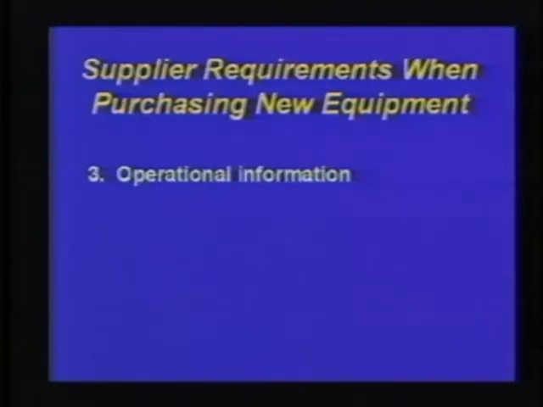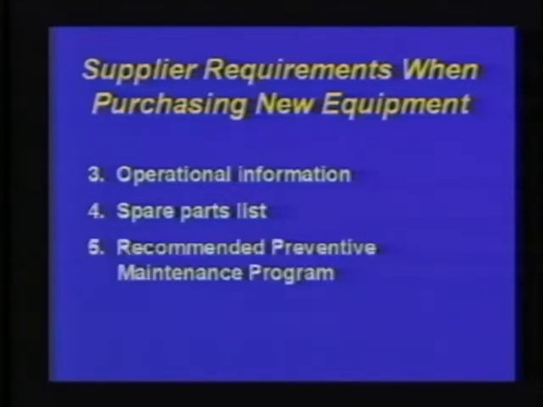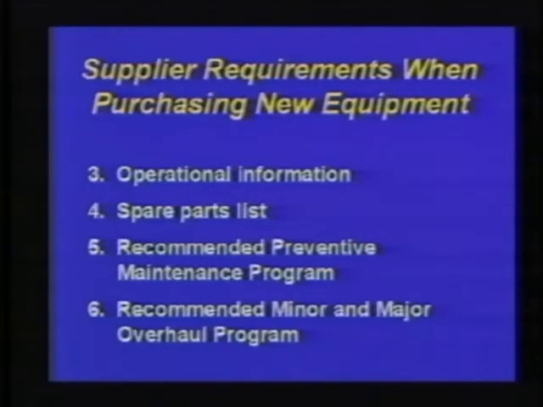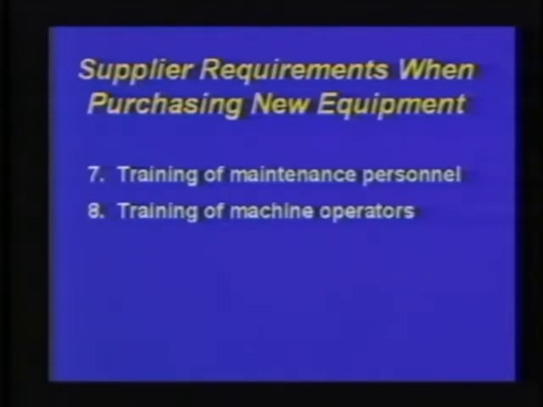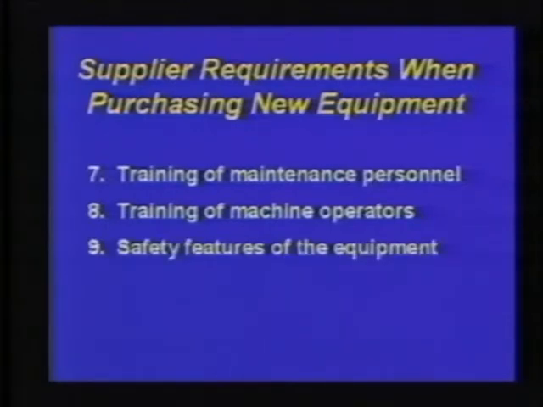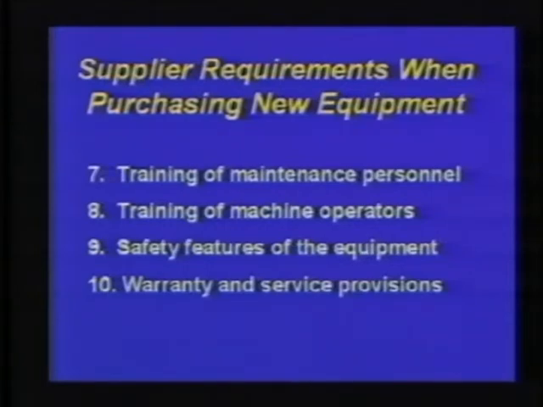Number 3 is operational information relative to the equipment. 4, the recommended spare parts required to support the maintenance of the equipment. 5, the recommended PM program. 6 is the recommended minor and major overhaul programs. 7, training of maintenance personnel. 8, training of machine operators. 9, the safety features of the equipment. 10, the warranty and service provisions relative to the equipment and subsequent spare parts.